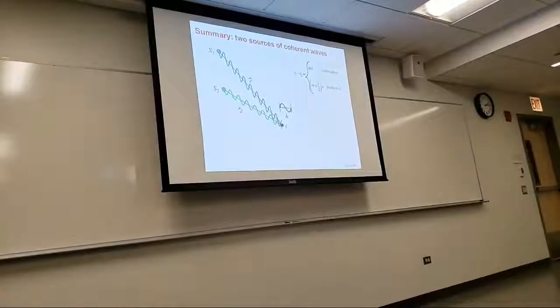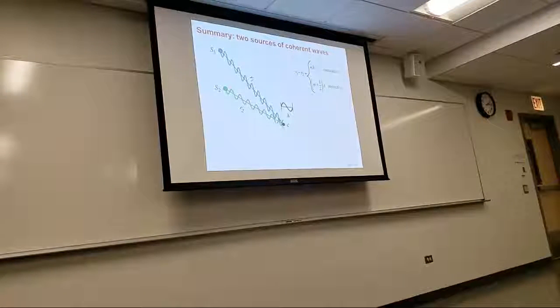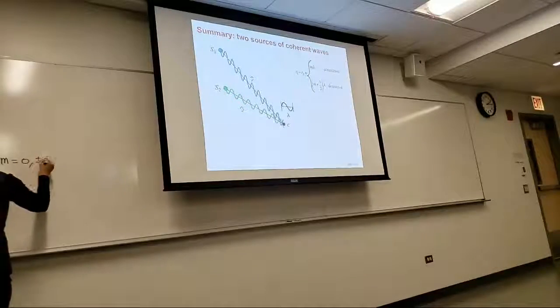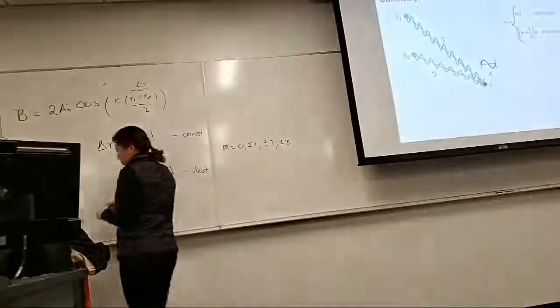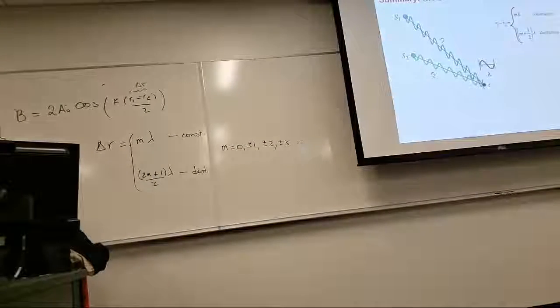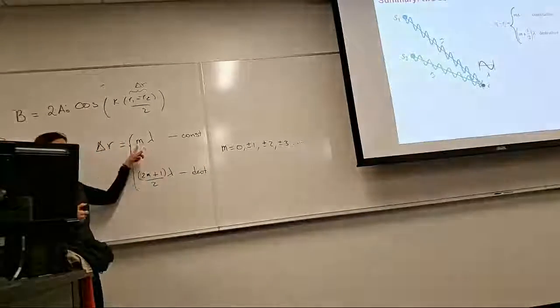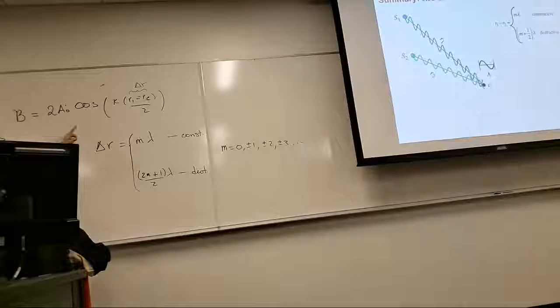Delta R is not merely proportional, because m has to be an integer, times lambda, and m is a counting number: m is equal to 0, plus or minus 1, plus or minus 2, plus or minus 3, etc. The first maximum is when m is equal to 0. When m equals 0, delta R is equal to 0. That means R1 is equal to R2.